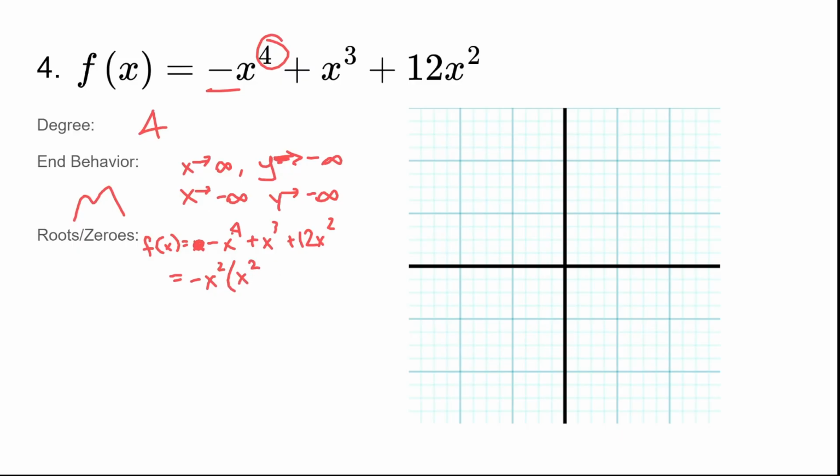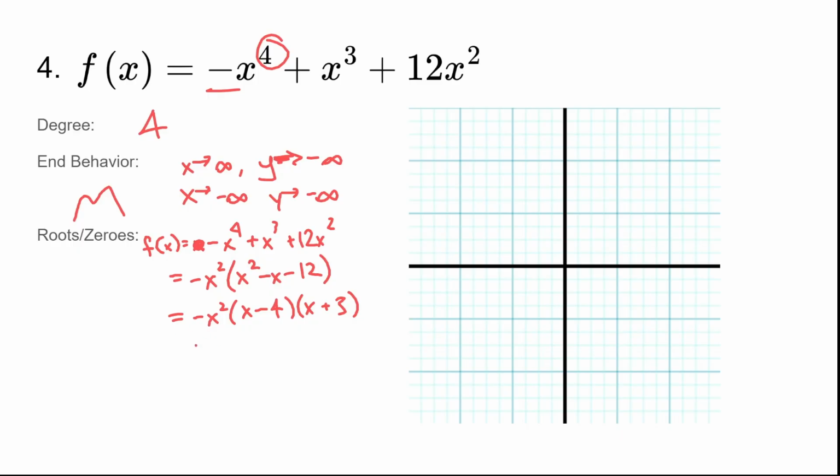Taking negative x squared out of negative x to the fourth leaves x squared; out of x cubed, you get minus x; out of 12x squared, you get minus 12. And then we can factor the inside further. If you reach back a few lessons ago, this factors to x minus 4 and x plus 3.